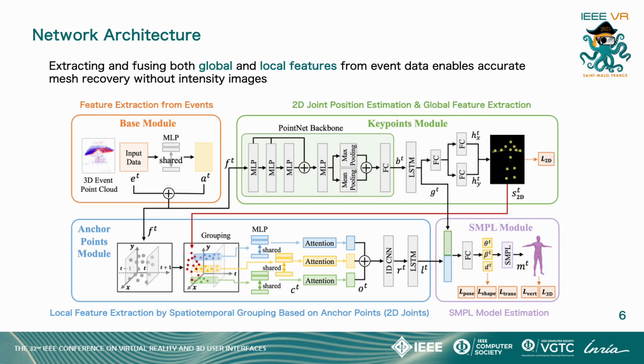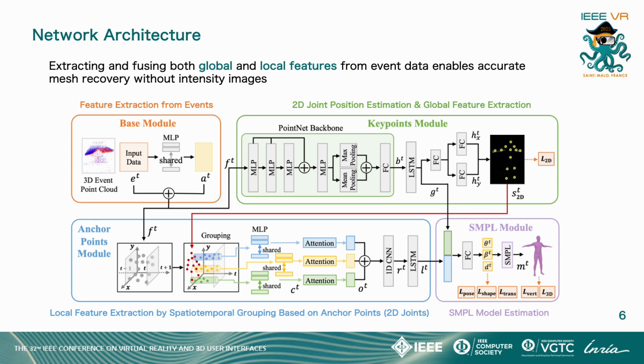Here's an overview of our network architecture. We begin with the base module, which converts the raw 3D event point crowd into high-dimensional features. Next, the keypoint module estimates 2D joint positions and extracts global features that capture the overall pose. Meanwhile, the anchor point module groups event points around each joint to capture local details of each body part.